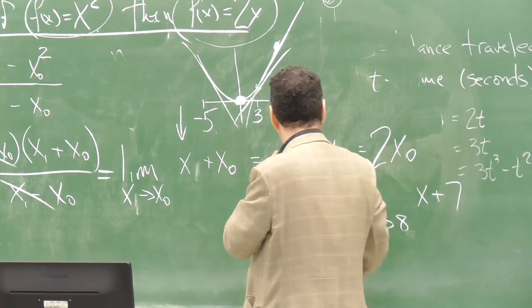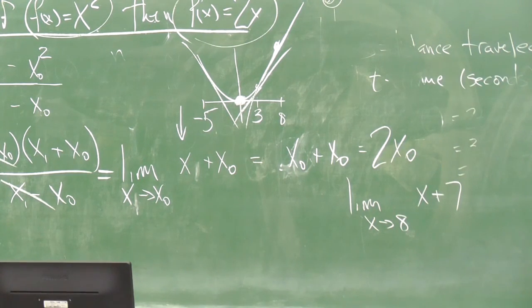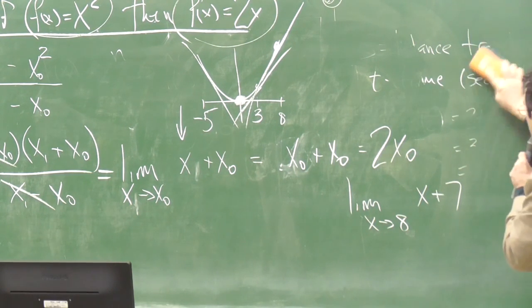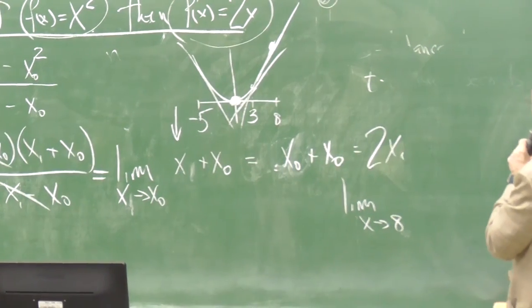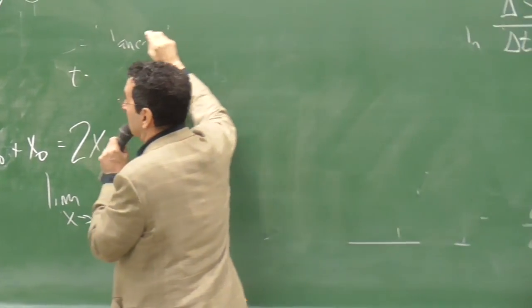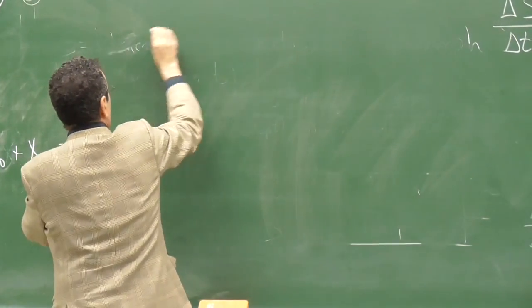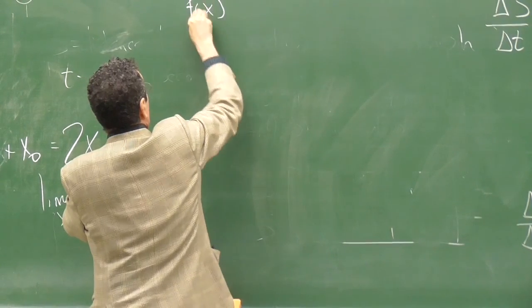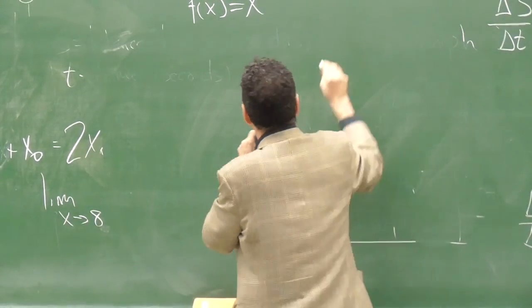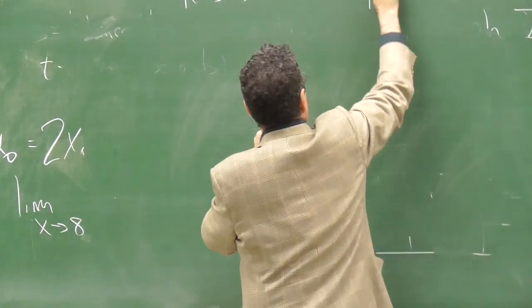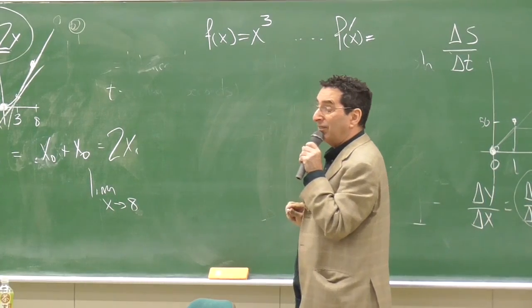Now, we did it for x squared. But we can do it for x cubed. So how about if we did the same thing? Now, suppose I change this whole sentence. I just changed it to f of x equals x cubed. And show that the answer, well, I already know the answer, but we really have to discover it.